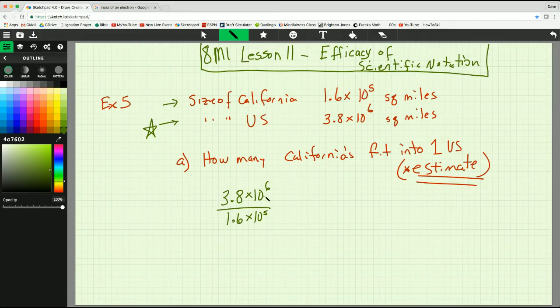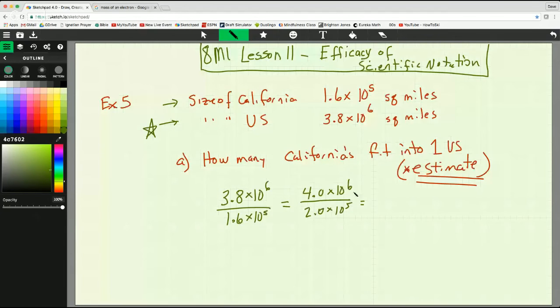And I told you it's okay to estimate. So let's just round this to one digit. We're going to round this to 4.0 times 10 to the 6th. And on the bottom, we're going to call this 2.0 times 10 to the 5th. And now we can do this a little bit easier. Remember, we got to go all the way back to lesson 7, but hopefully you're getting good at this now.